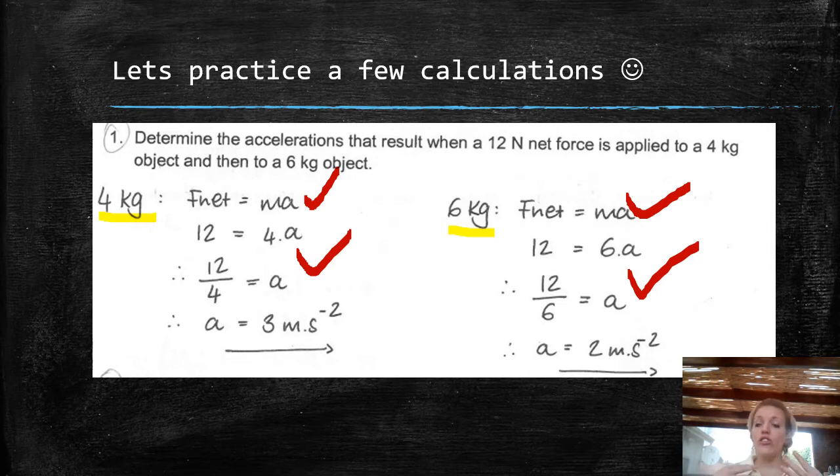So, which is going to be faster? It's going to be the 6 kilogram one. Okay, so please make sure that you write this in, and you can even draw the text in for yourself, so you know exactly how we want you to structure it, how we want you to lay it out for us. Okay.